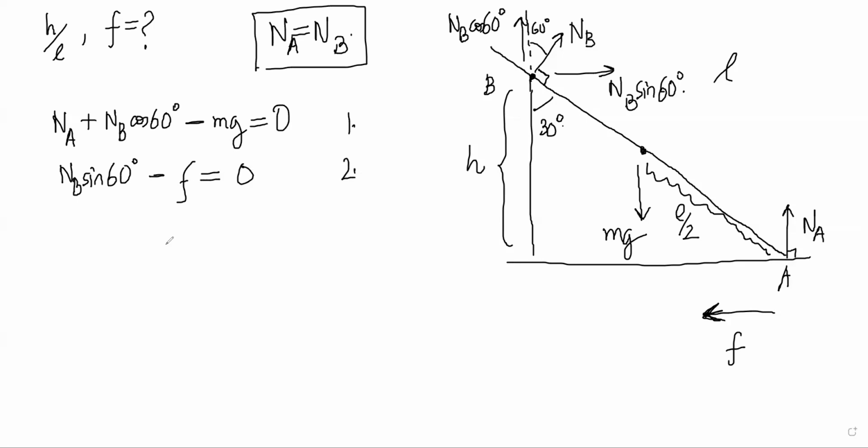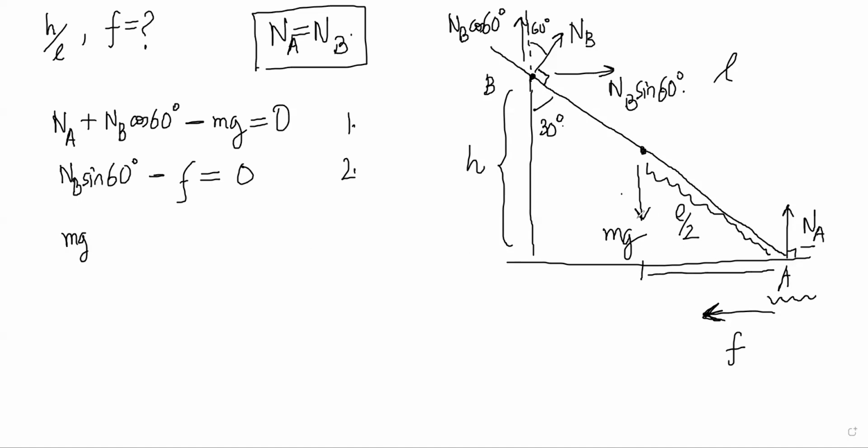This is equation 2. And for the equilibrium, the torque should also be balanced, and we can calculate torque about any point we like. So we'll calculate, let's say, torque about point A, right? There are two forces acting at point A, NA and F. So we don't have to worry about the torques due to them. We'll just calculate the torque due to the remaining forces at point A. So we will get mg's torque would be mg times this distance.